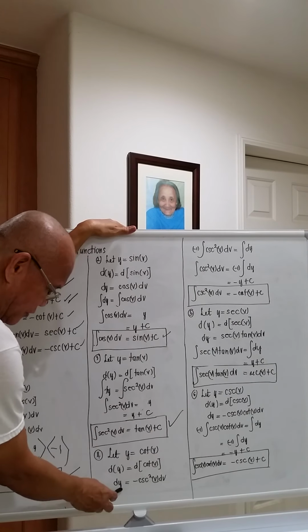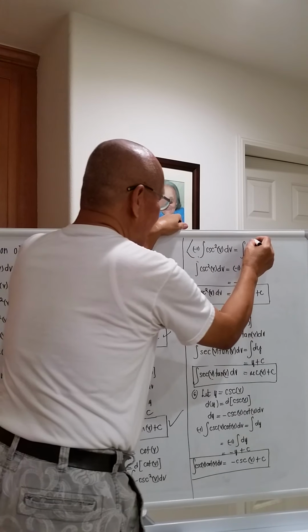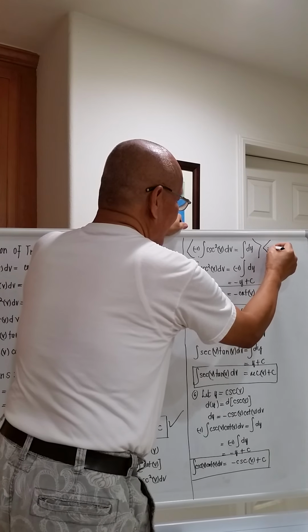Okay? We put this on the left, we put this on the right. Open quantity, negative 1, close quantity, the integral of cosecant square of b db. Because there was a negative sign, we bring it out. Equal to the integral of dy. Then we multiply all terms by negative 1.